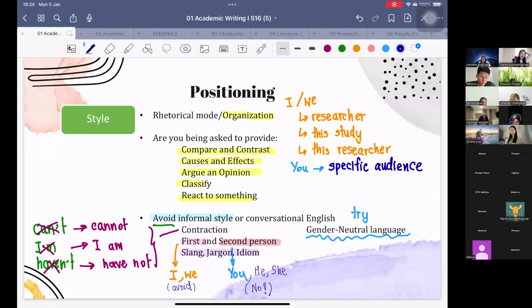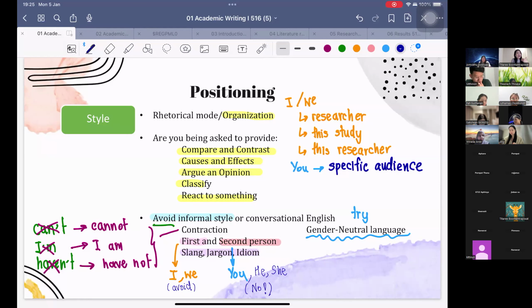Even though you write a research paper, it is not going to focus on everybody. Your research paper is probably focusing on a certain group of people. For some of you, your interest is the elderly. So your audience, or the people that you conduct your research with, is the elderly.